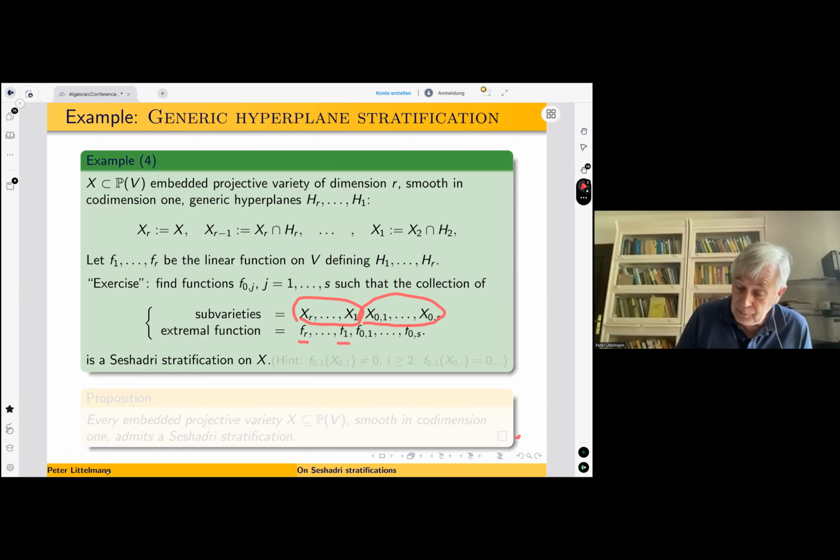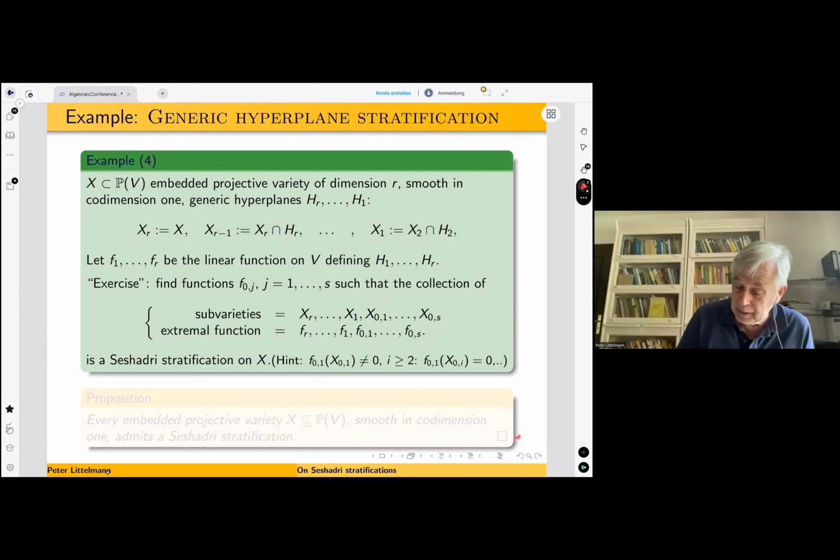So what is left is to find functions which correspond to these points. I leave it as an exercise for you to find these functions. Note that in this case, it's not so complicated because we just have a point. So these conditions S2 and S3, which look rather involved, become very simple.